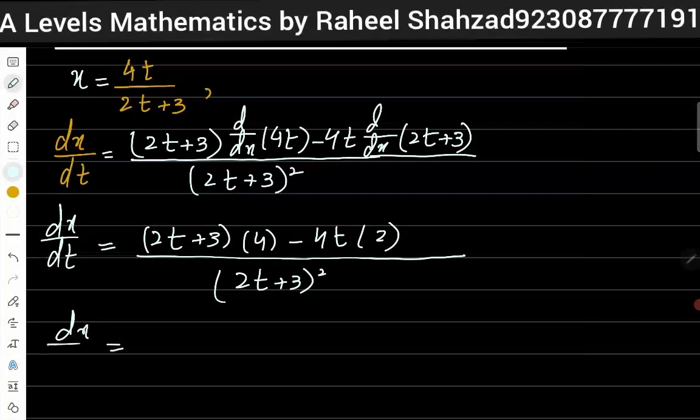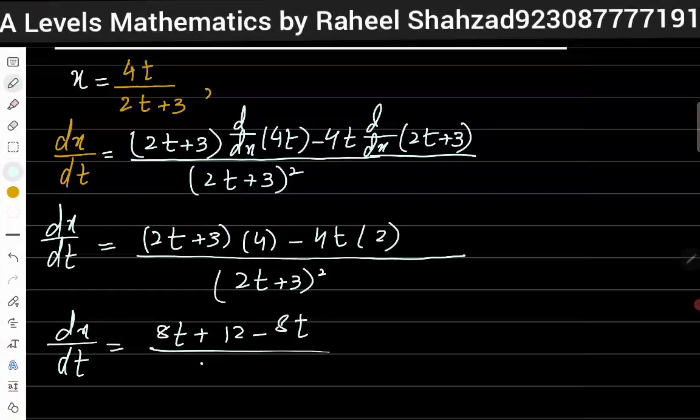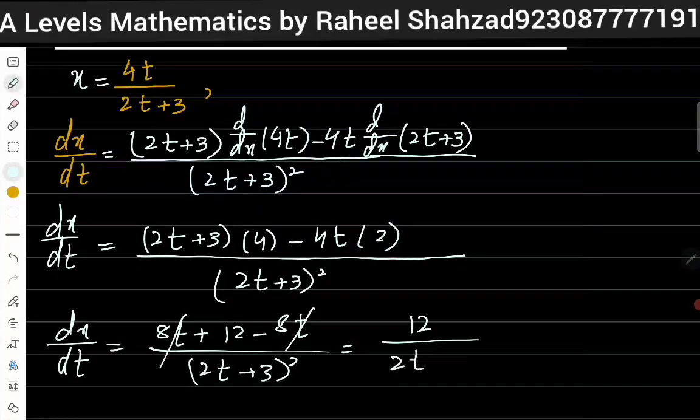That is 8t plus 12 minus 8t divided by 2t plus 3 whole square. You can cancel 8t and your dx by dt is equal to 12 divided by 2t plus 3 whole square.